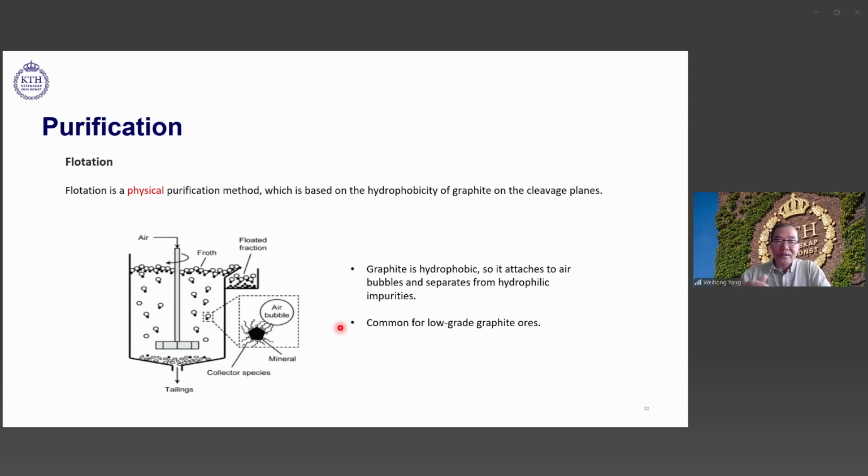And of course, the liquids can be water or some kind of special salts in order to separate the hydrophobic material, and it depends very much. The good thing is this technology is widely available today, used in the mining industries. You can also use it for separation in our process.